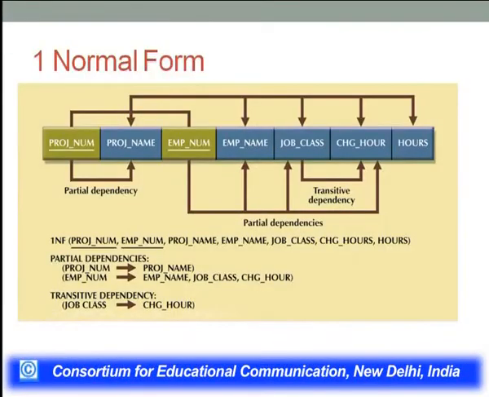Then in this diagram, the table also reflects a transitive dependency, that is a dependency between two non-key attributes, that is job class and charges per hour. So, this is a transitive dependency between two non-key attributes which is shown here.